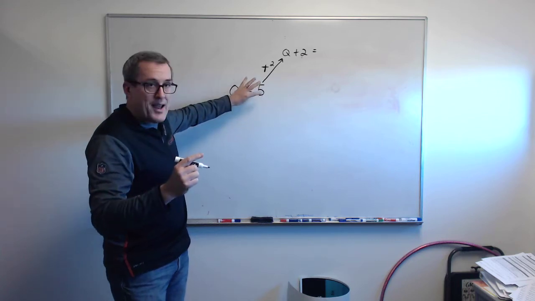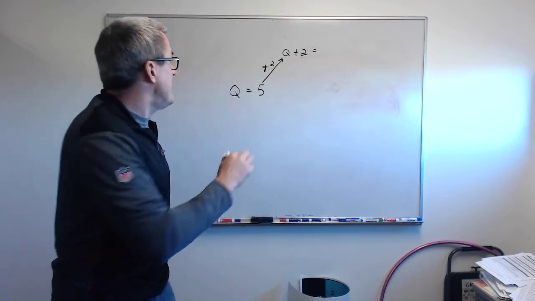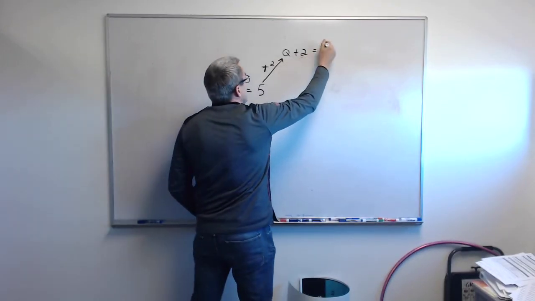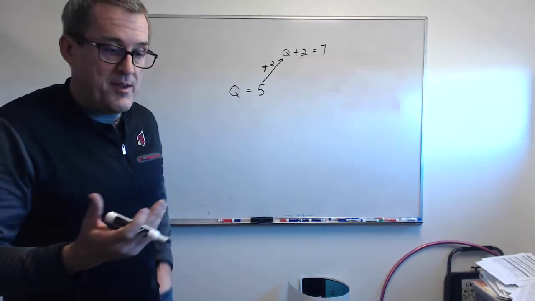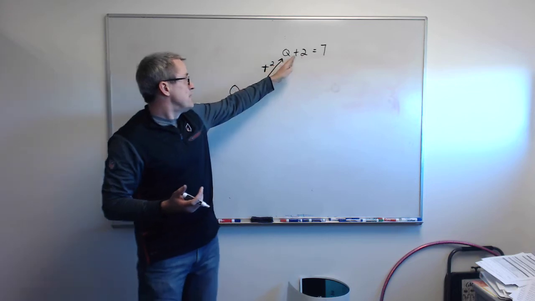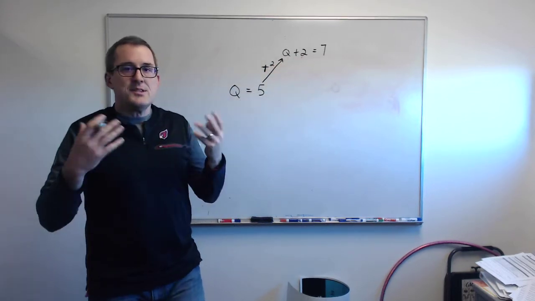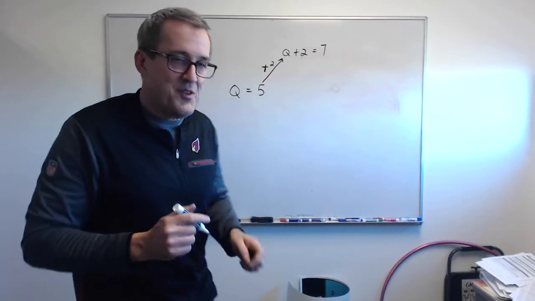I'm always going to have that claim. Whatever I do in the future, q still has to equal 5. Well, if q equals 5, then 5 plus 2 would be 7. So I could make the claim that q plus 2, which is 5 plus 2, is equal to 7. So this is just an activity, a task to make your brain think about the structure of the algebra.